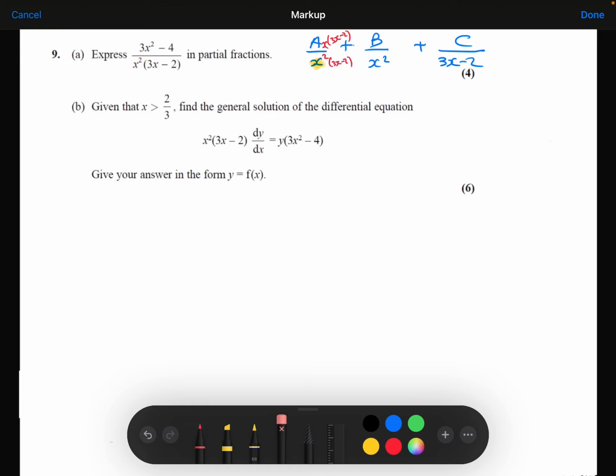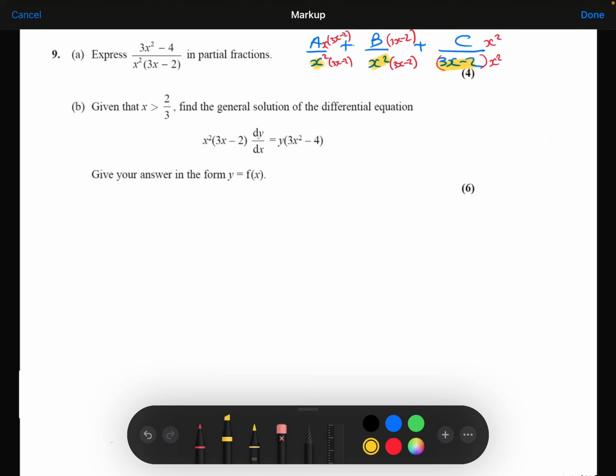Now looking at the B term, I've got the x squared, so all I need is the 3x minus 2. And now looking at the C term, I've got the 3x minus 2, so I need the x squared.